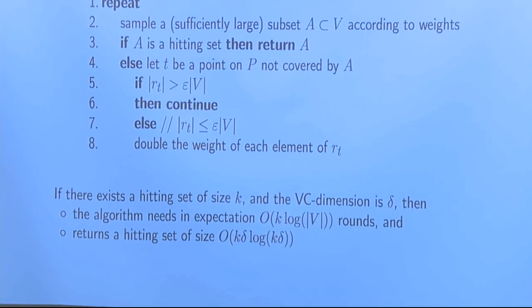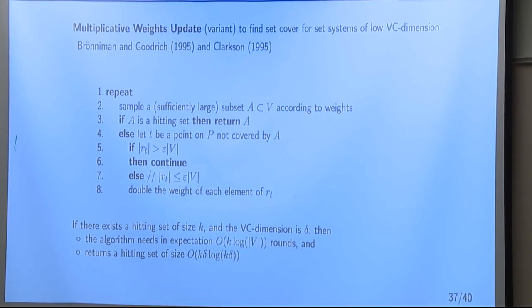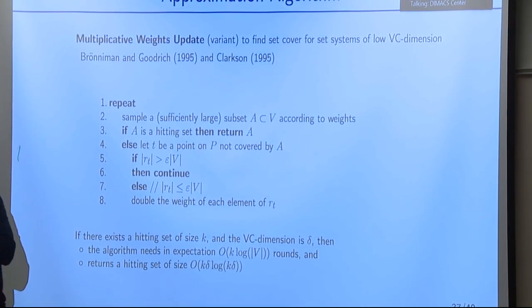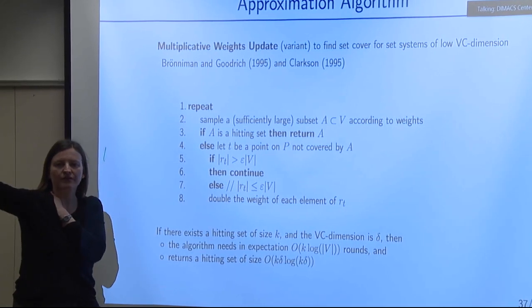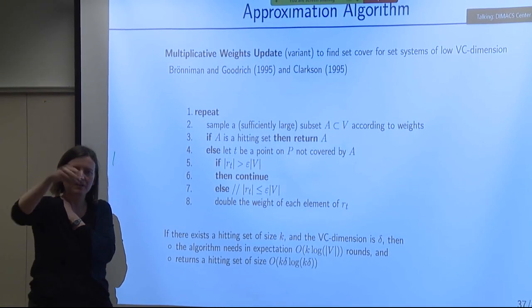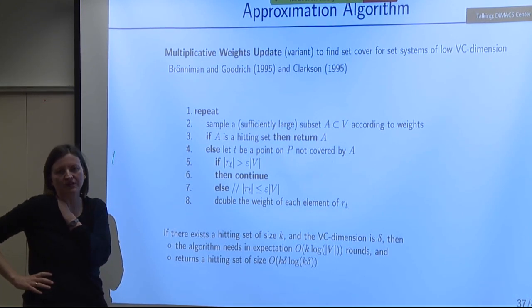Now, we're still not discrete yet. We still have an infinite set system. So in this variant, we just subsample the curve. We place points on the curve evenly spaced, and this will be our ground set.